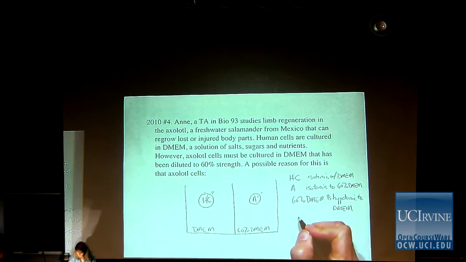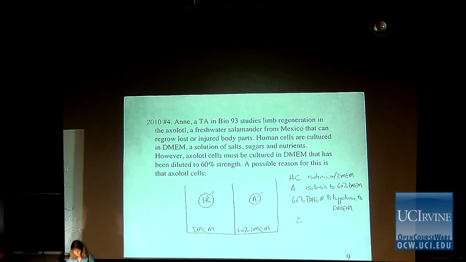Okay, so therefore, we know that axolotl cells are hypotonic to DMEM, right? Because they're happy in the solution. So axolotl cells are hypotonic.